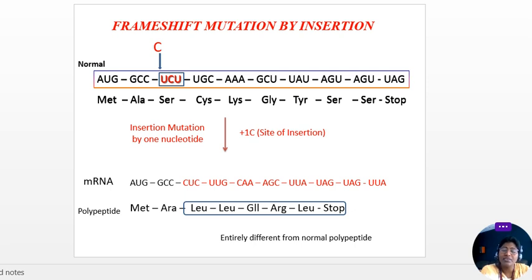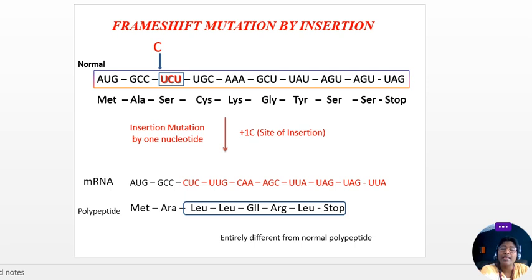If, in the third codon UCU, a C is inserted, what will happen? The C will join with the first two bases, UC. So UC will be formed, and the third base of the third codon of the normal DNA will be moved to the fourth codon.